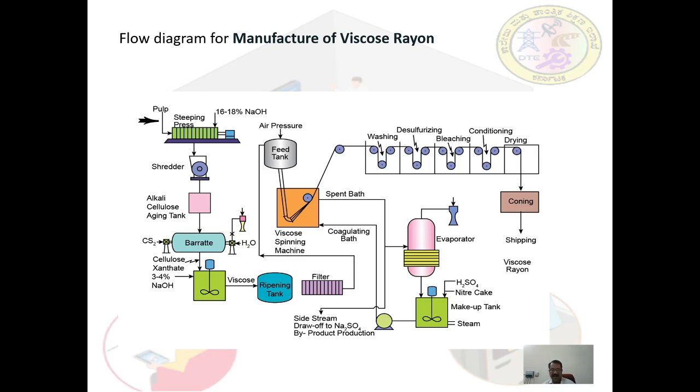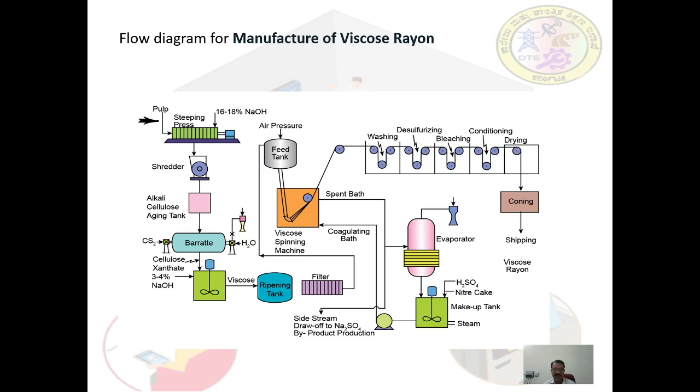The hydraulic ram presses out the excess alkali and the sheets are crushed to crumb and aged for 2 to 3 days. The aging process has a direct consequence on the viscosity of the solution. Later, carbon disulfide is added in a rotating drum mixer over a period of 3 hours.